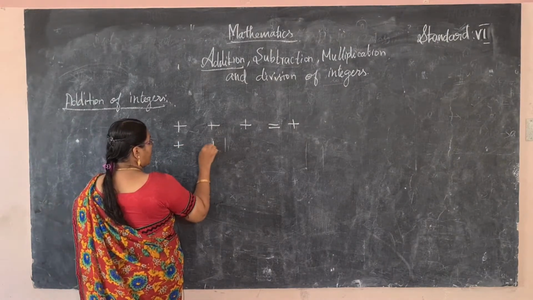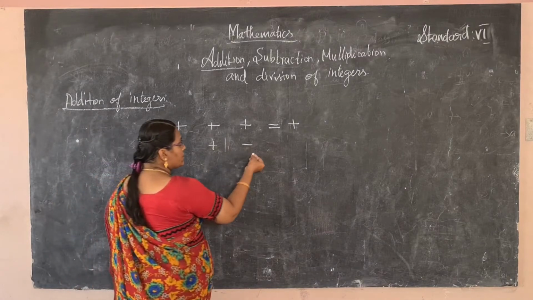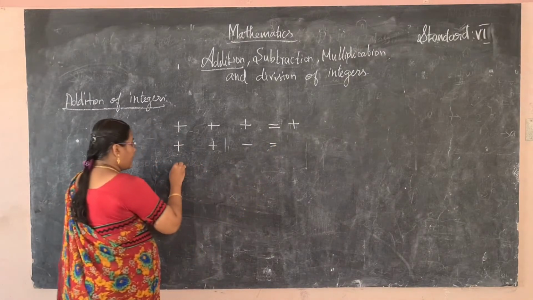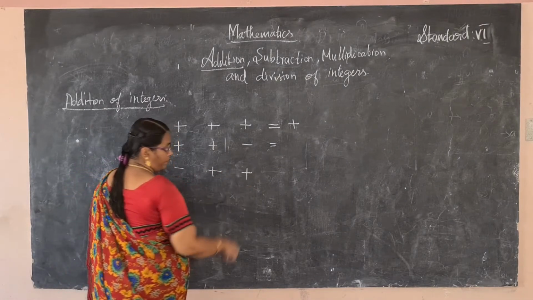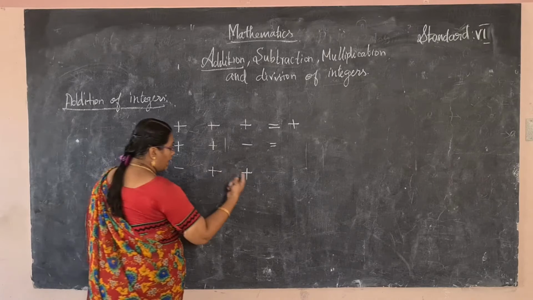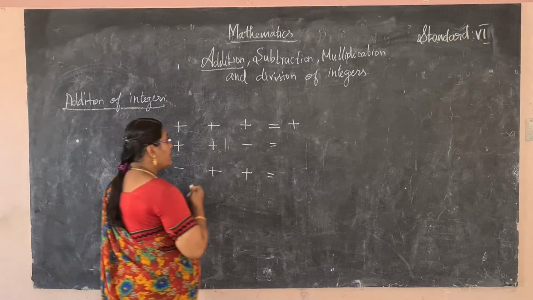The second one: two different signs. Two different signs means one is a positive number and the other one is a negative number, or one is negative and the other one is positive. What do we do in this case?